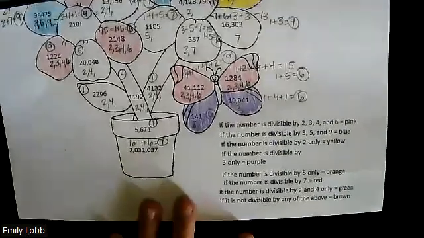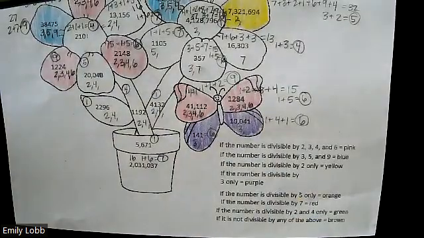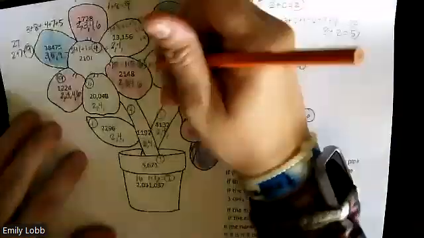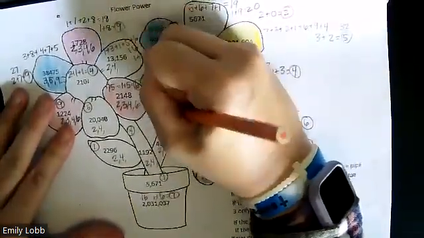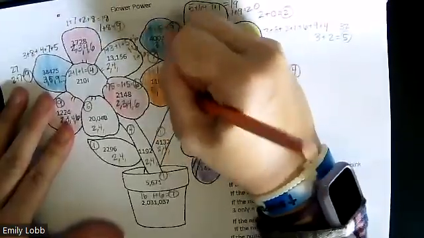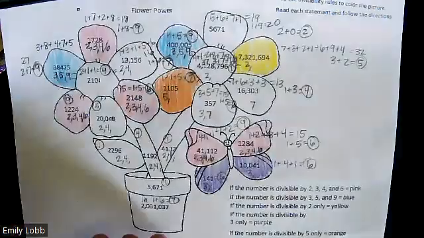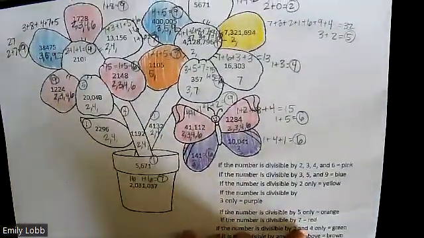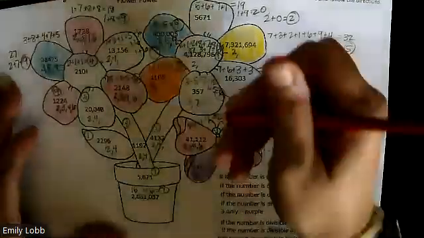All right, we're cruising, we're almost there. By 5 only, we're going to color orange. I think it was just one of those. Here's orange. By 7, we are going to color red. So to me, it looks like just these 2 here.